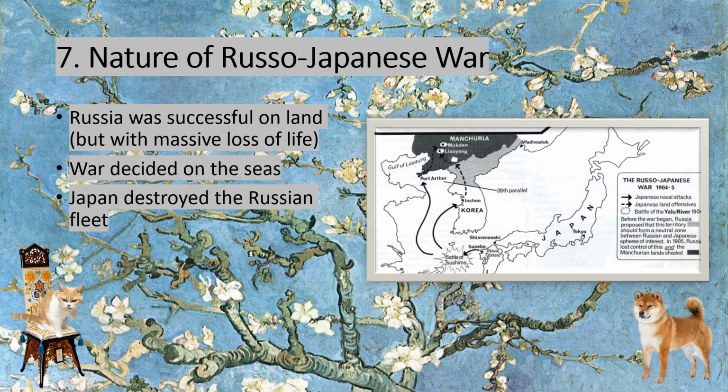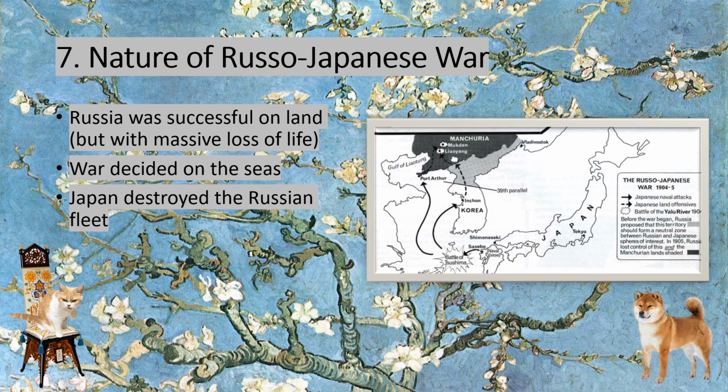A Russian army hoping to relieve the siege had been forced to retreat to the city of Mukden in Manchuria, ending all hopes of saving the port city. Mukden fell to Japan in March after a massive battle involving around 500,000 soldiers, one of the largest battles of the 20th century.